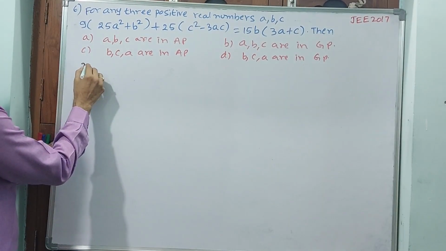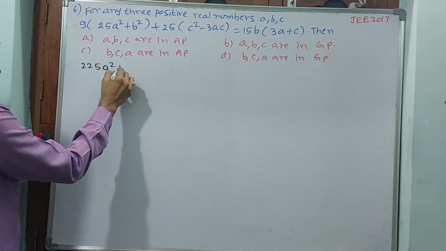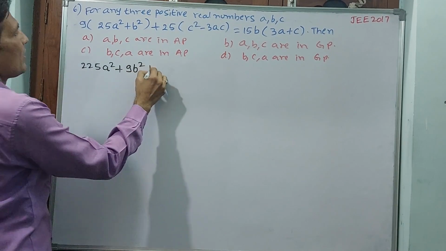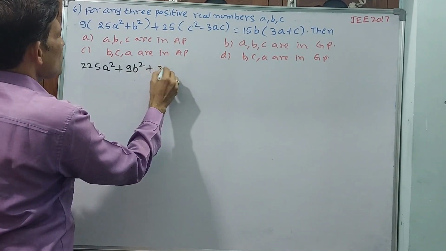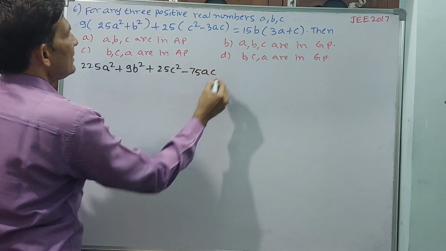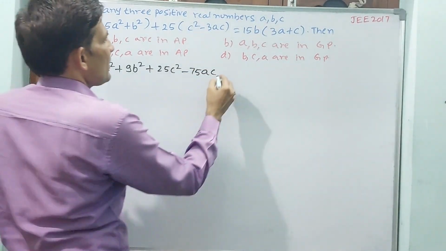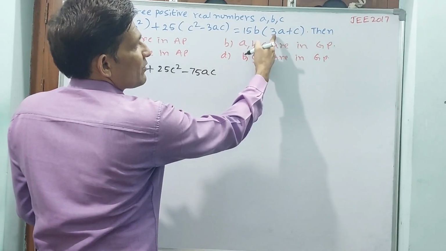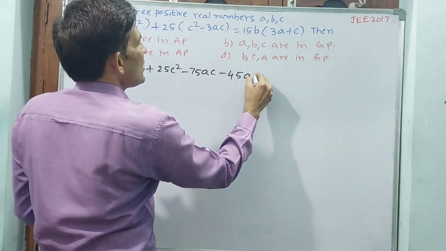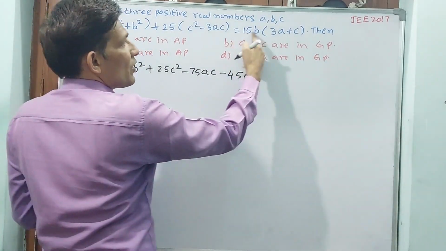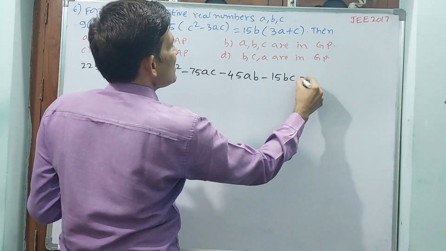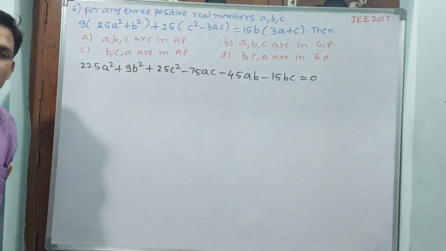Yes. 225a² + 9b² + 25c² − 75ac. See 15 into 3, 45ab. It comes this side, means minus 45ab. 15bc, if it comes this side, automatically minus 15bc is equal to 0. Is it correct? First you see.